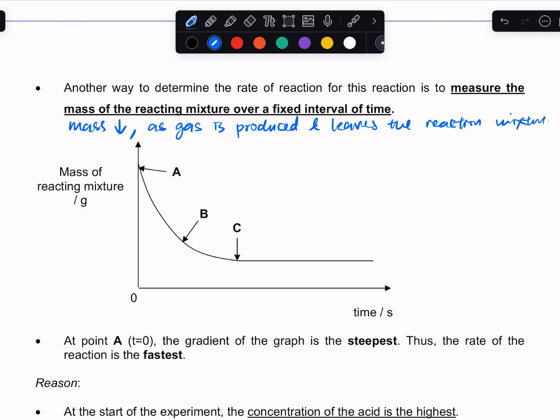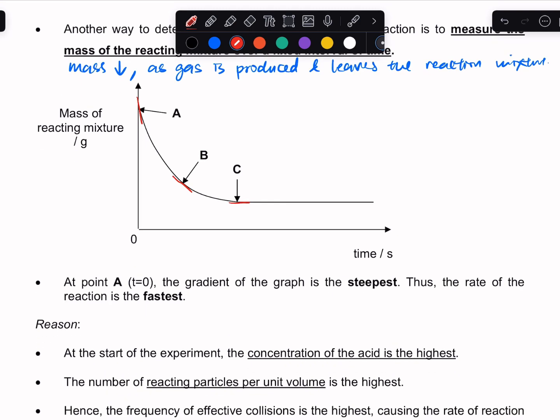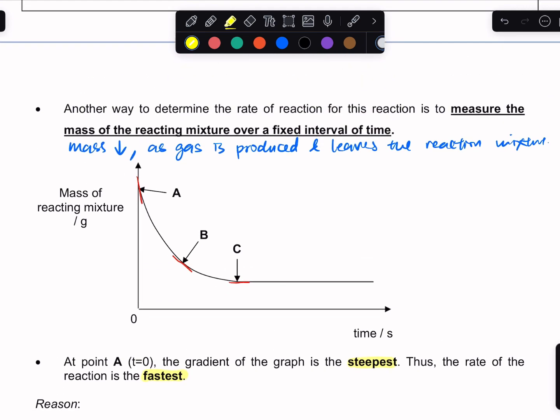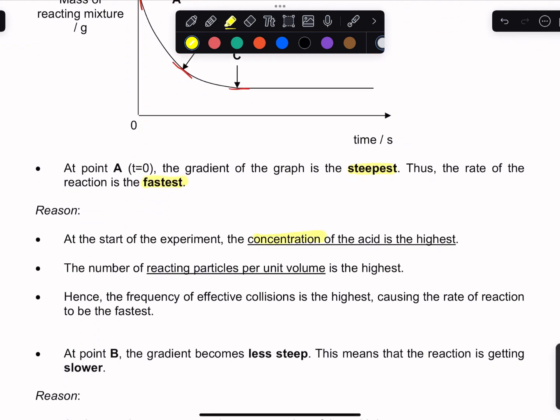Again, we have 3 points. If you draw the gradient at each of these points, you will see that at point A, again, when time equals 0, this is where the gradient is the steepest, and the rate of reaction is the fastest. We explain in the same way: concentration highest, reacting particles per unit volume highest, frequency of effective collision highest, rate of reaction fastest.